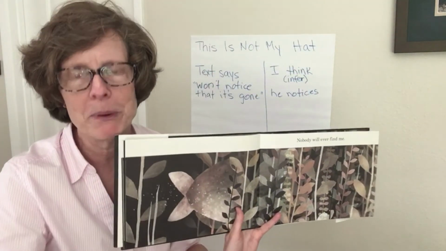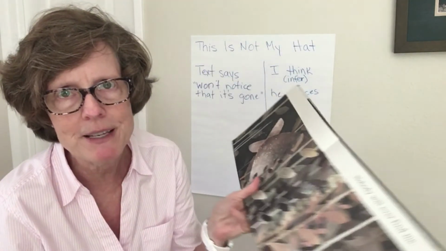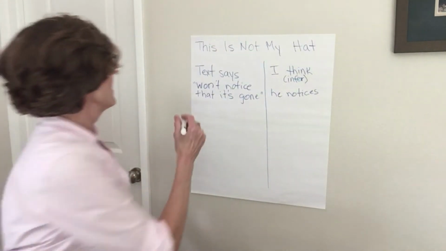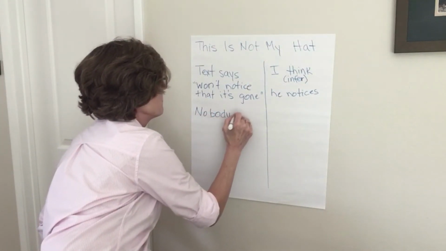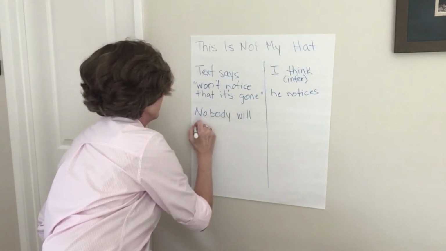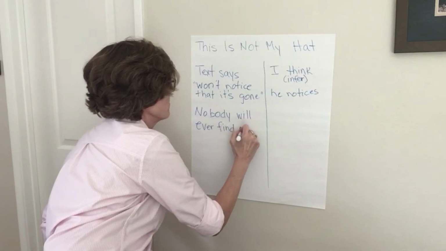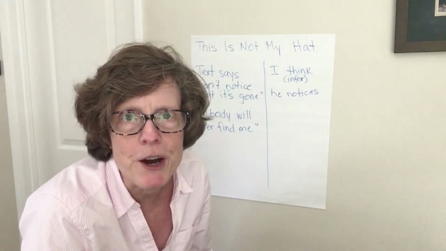It's time for us to put another piece of information on our chart. Is someone going to find him? Who's going to find him? The text says, nobody will ever find me. But what do we know?